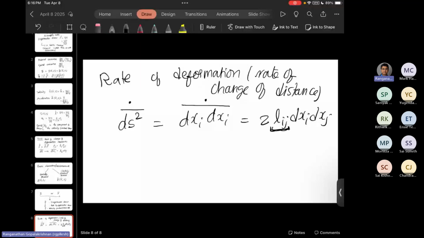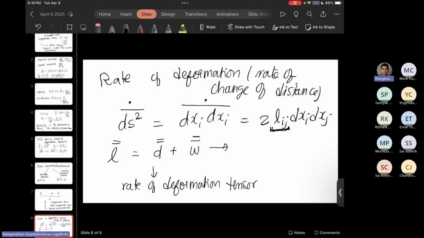Okay. So you have Lij, and Lij is decomposed as the sum of a deformation part and a vorticity part. This D is called the rate of deformation tensor, and this W is called the vorticity tensor.